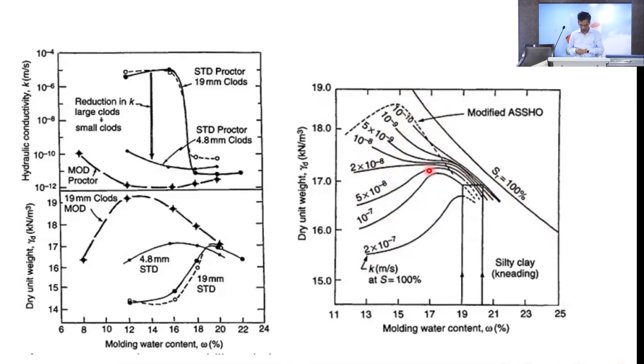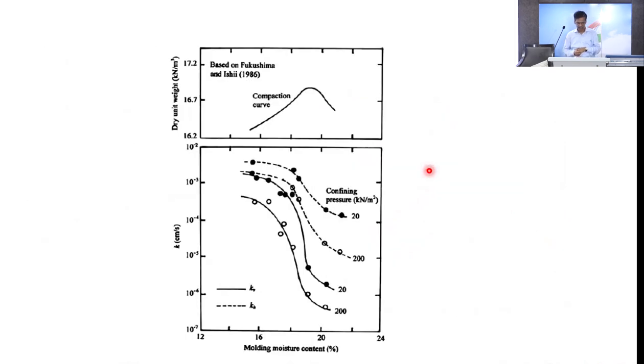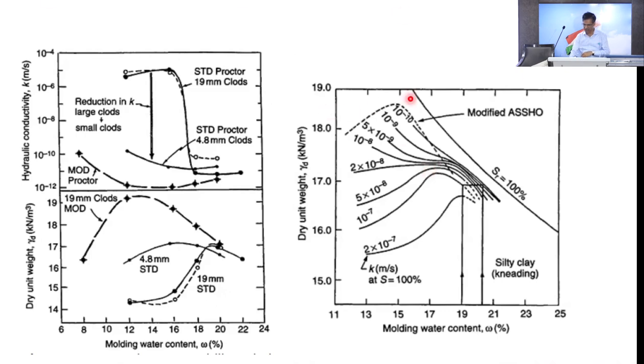Yesterday also we were talking about the void ratio. The void ratio is important for permeability. But if I draw a curve here, the 100% degree of saturation line, or zero air void line, is totally dependent upon the G value, the specific gravity.